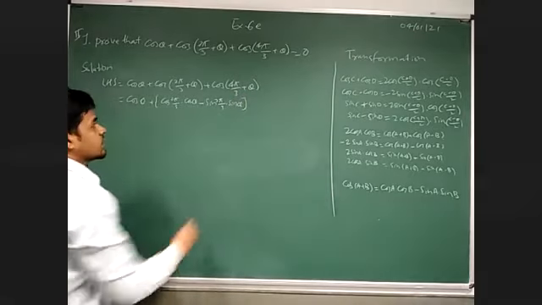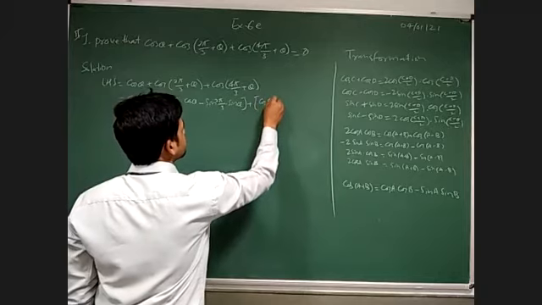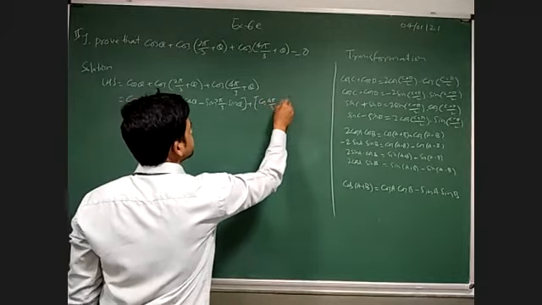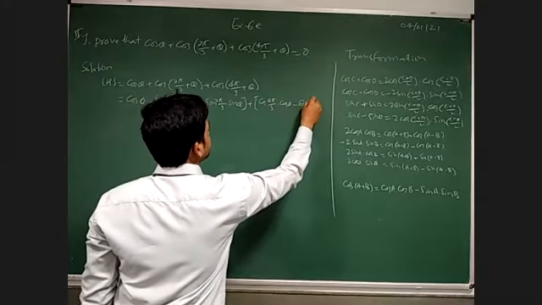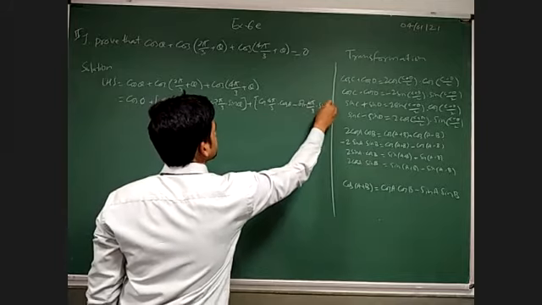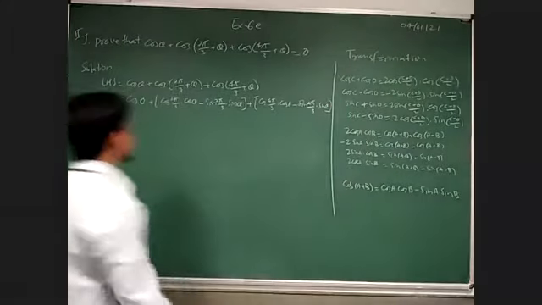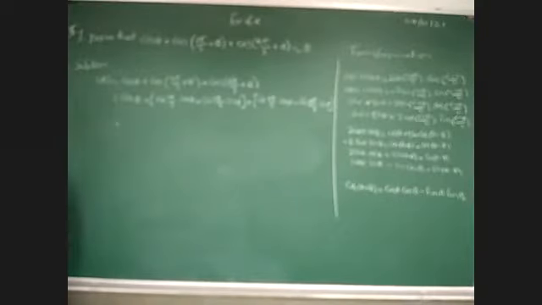Again we have cos 4 pi by 3 into cos theta minus sin 4 pi by 3 into sin theta. Now we have to know cos 2 pi by 3.